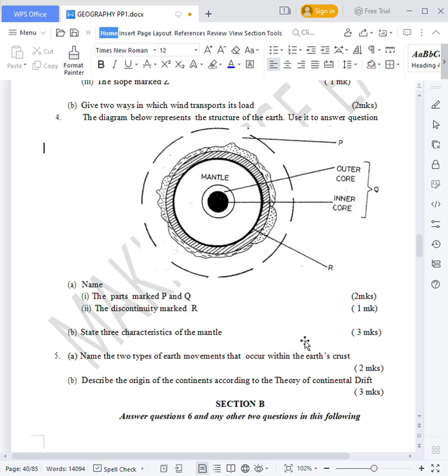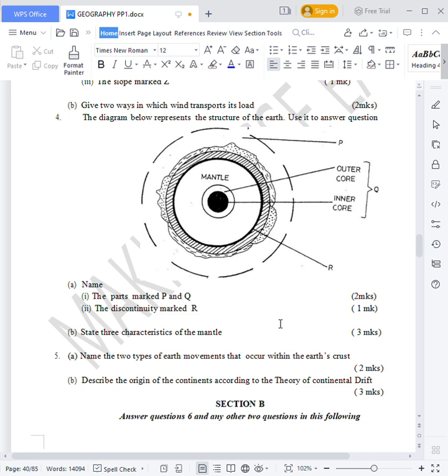The first one is, it has a light density. The second one is, it has very high temperature. Then the last one is, it is made up of liquid rock.